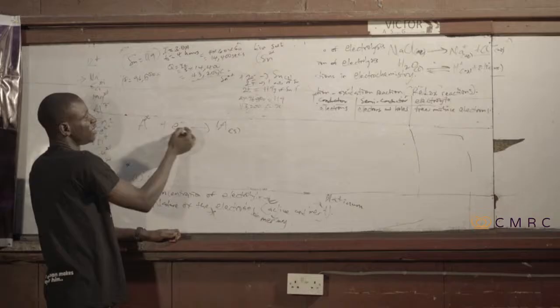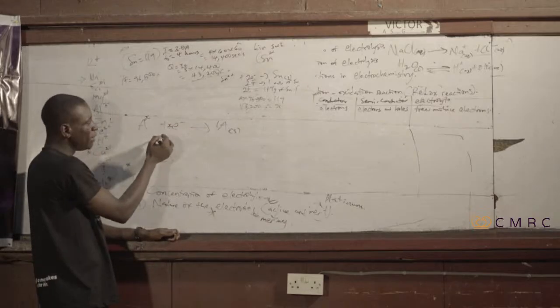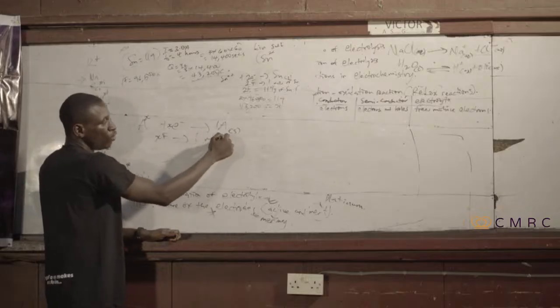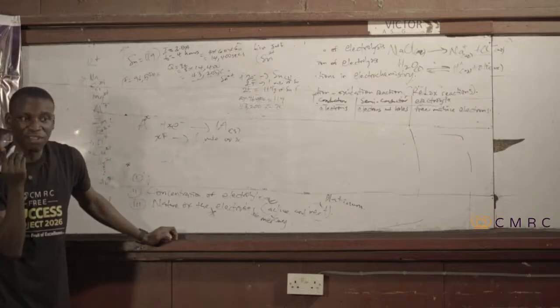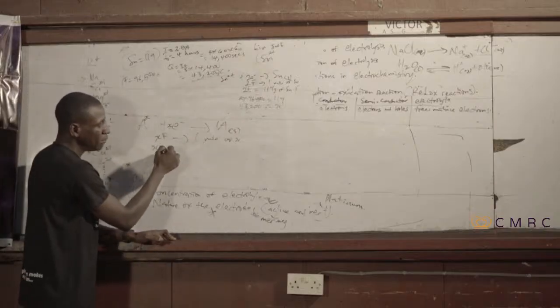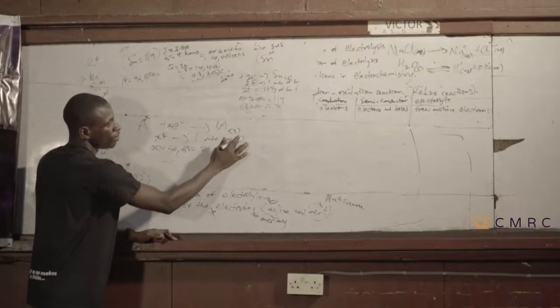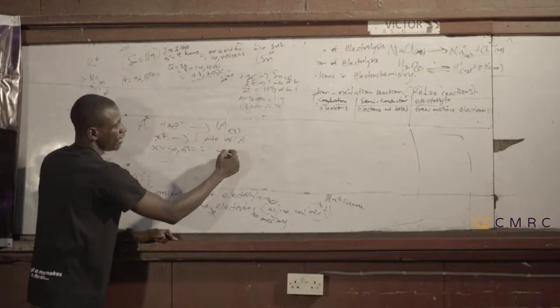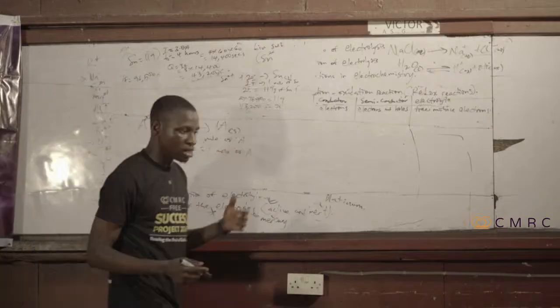I know that 1 Faraday is 96,500, so X times 96,500 equals 1 mole of A. So we'll be doing a question that has something to do with this.